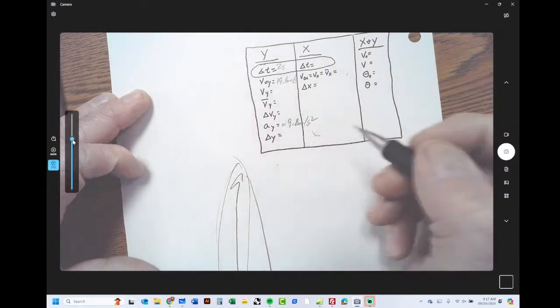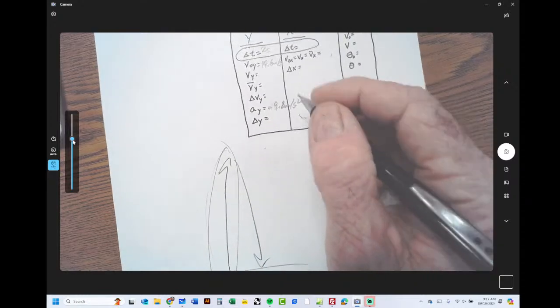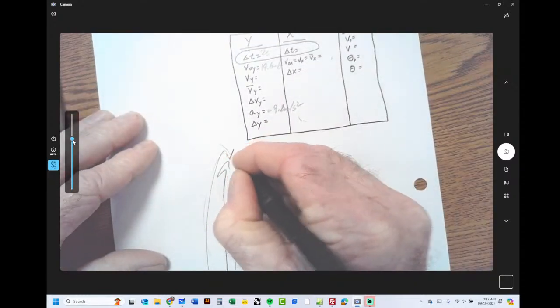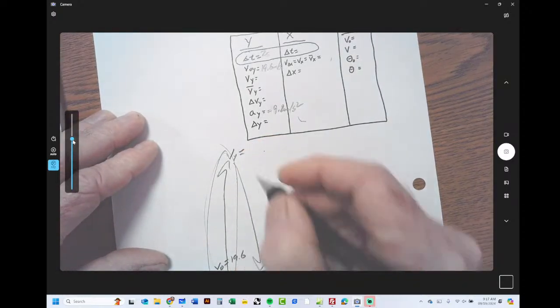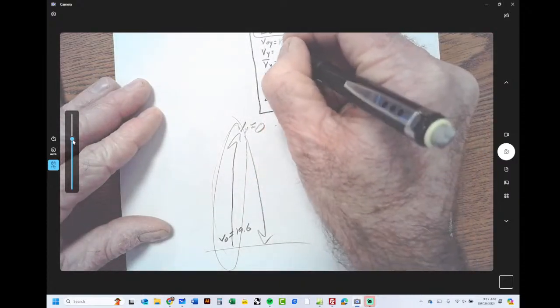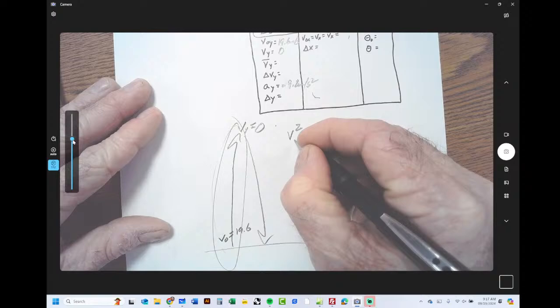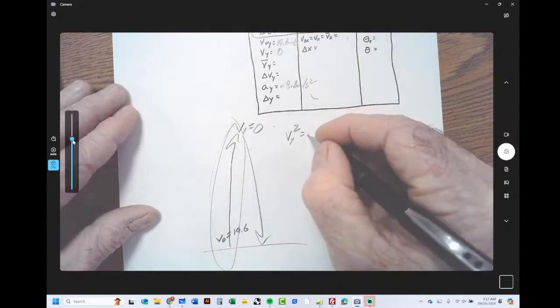Let's see. So Vy is what at the top? V0 is 19.6. What's Vy? 0. So we can use this formula. V squared y. I'm putting y's after everything now just to indicate we're in the y dimension only.